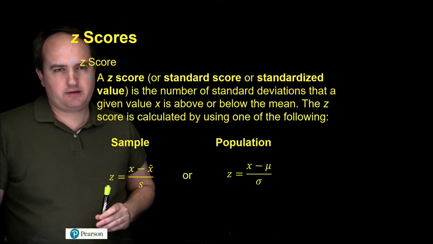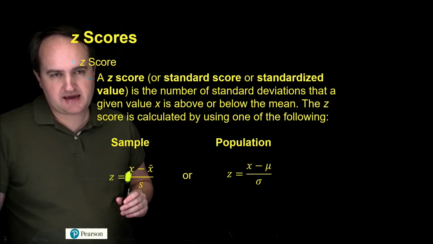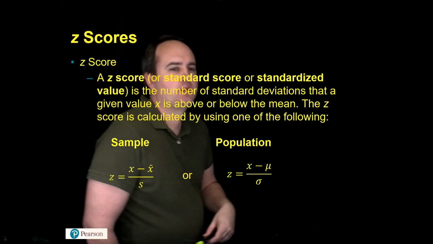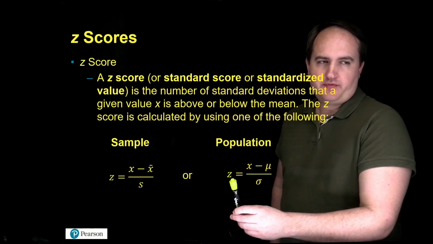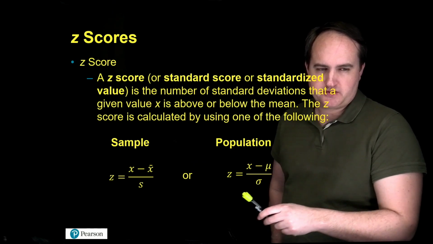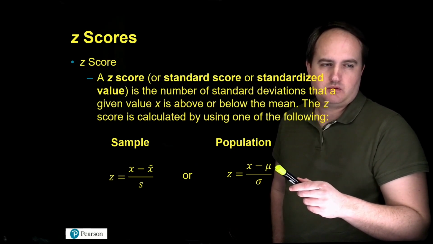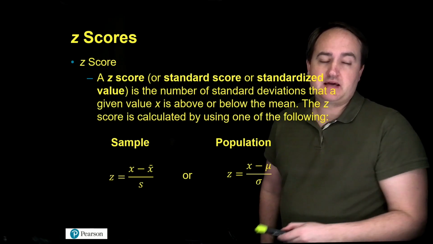So if you'll notice, for the sample z-score formula, it's z equals x minus x bar all over s. For a population, it's actually the same exact formula. It's just instead of x bar and s, we have mu and sigma. But other than that, the formulas are identical.